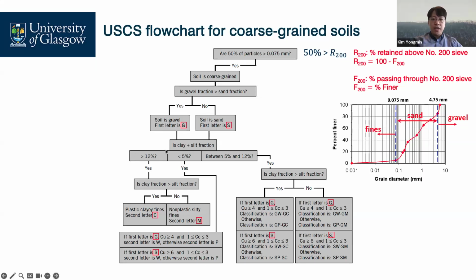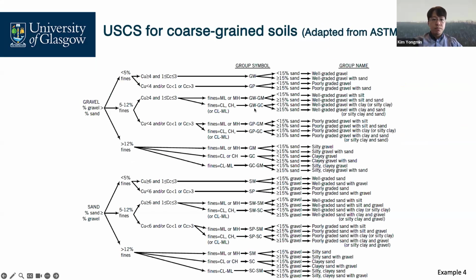Then silt and clay fractions. We can see it laterally. And then finally, we have specific groups here: well-graded gravels, poorly graded gravels, silty gravels, poorly graded sand, silty sand, something like that.